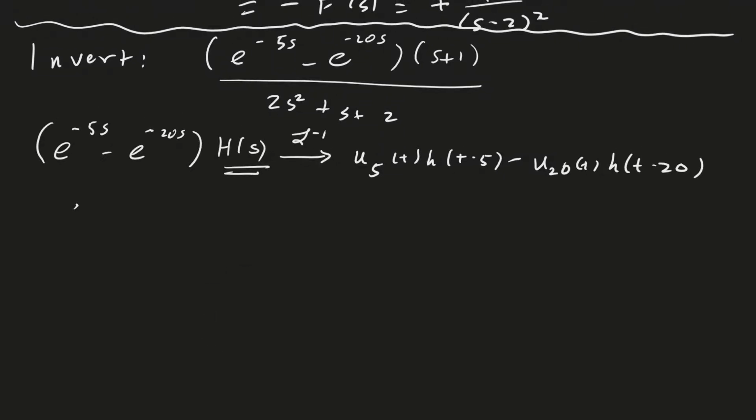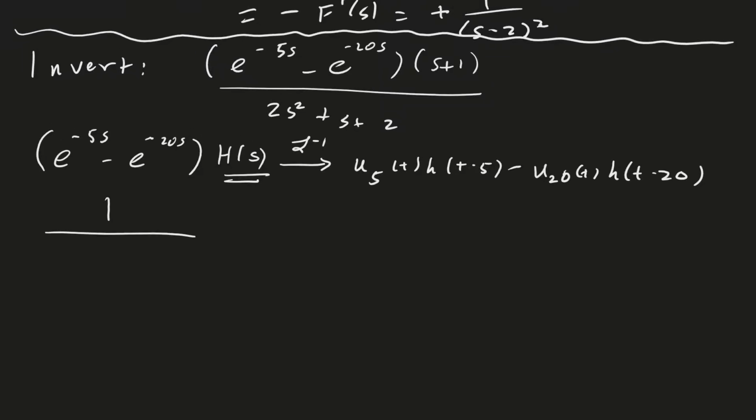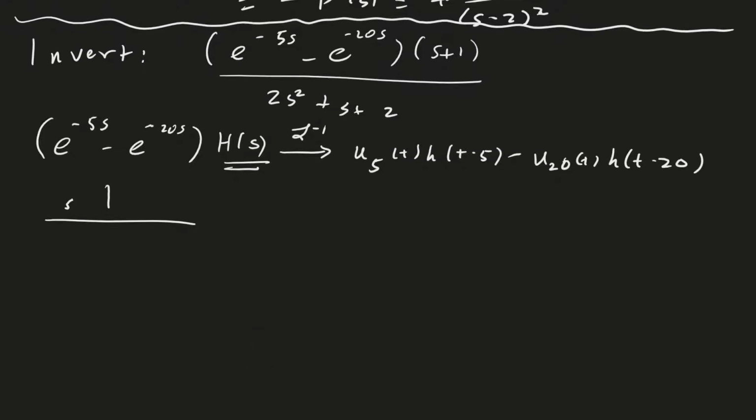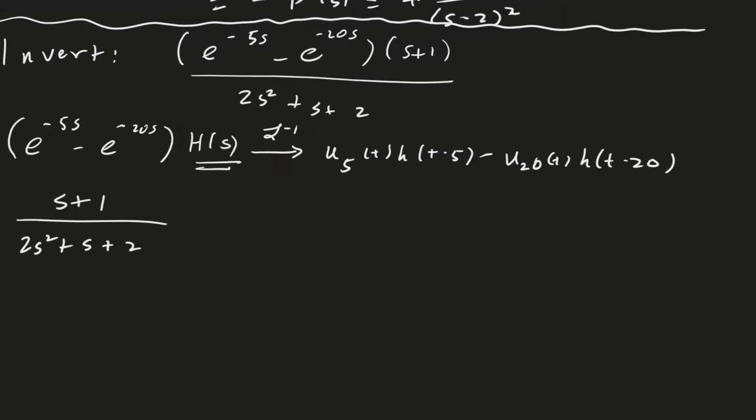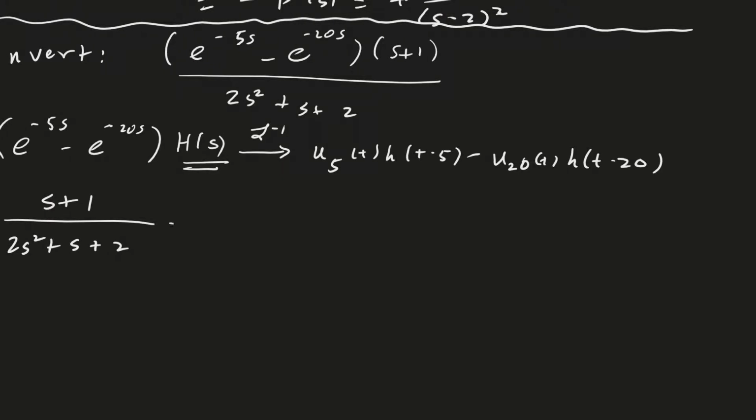So our H(s) is equal to (s + 1)/(2s² + s + 2). Really this is more a problem of algebra than anything else. This denominator is irreducible, so I'm going to factor out the 2: 2(s² + 1/2 s + 1).